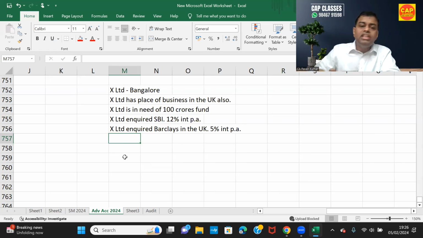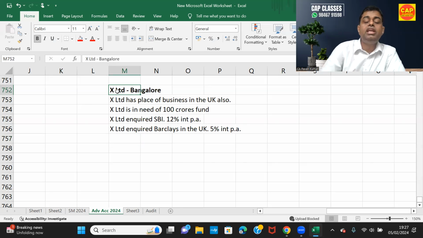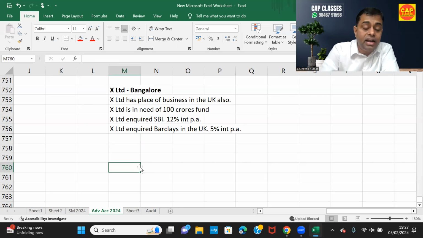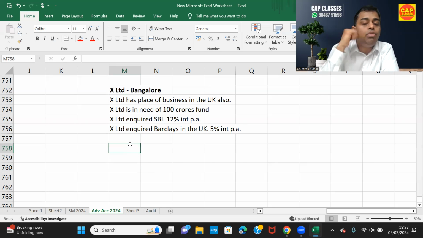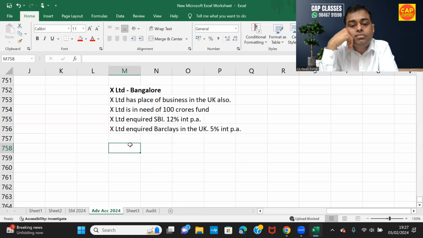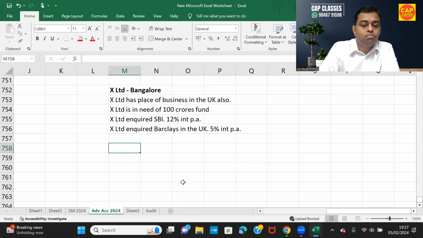Still, keeping all these things aside, imagine the situation. If you are the MD of this X Limited, Devika, you tell me, will you borrow money from SBI or from Barclays? Both of them are ready to give a loan to you.